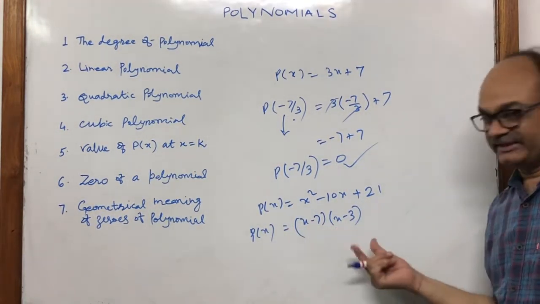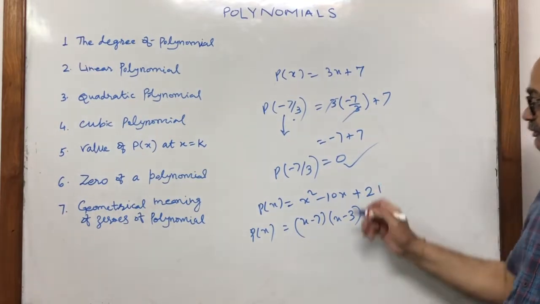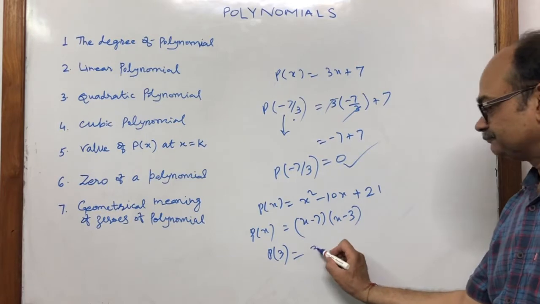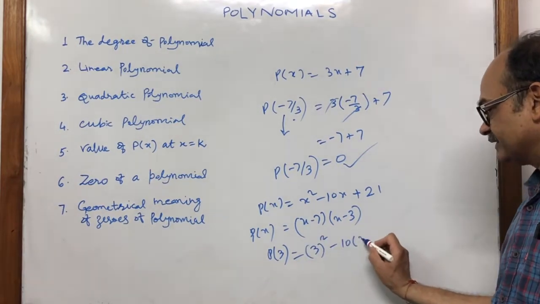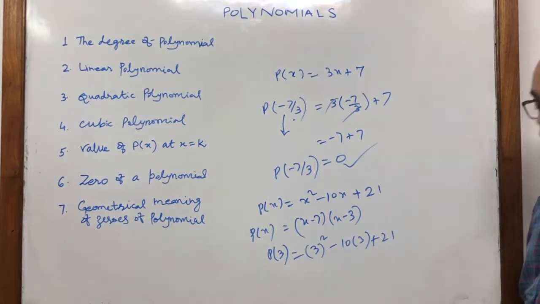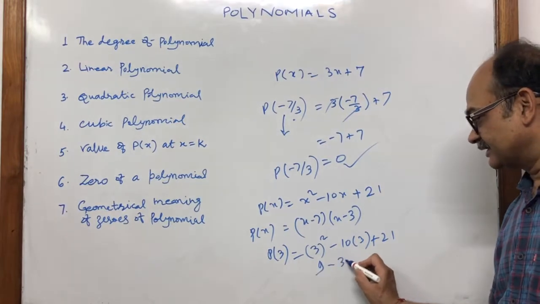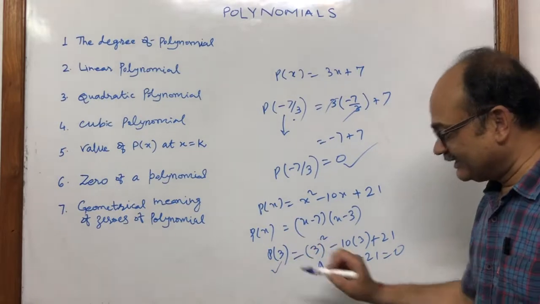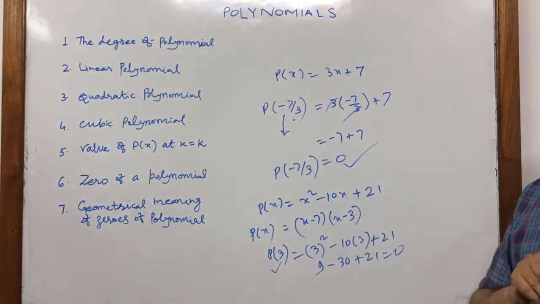These are the two factors. Now, suppose I want to calculate the value of P3. Put 3 here. What are we getting? 9 minus 30 plus 21, that is 0. Hence, 3 is a zero of this polynomial.